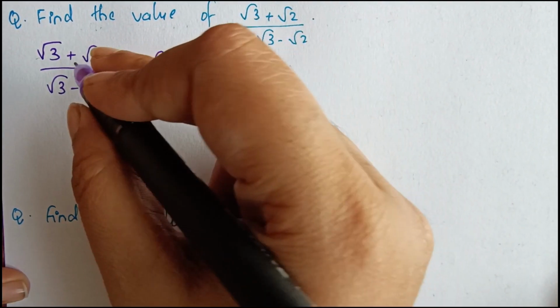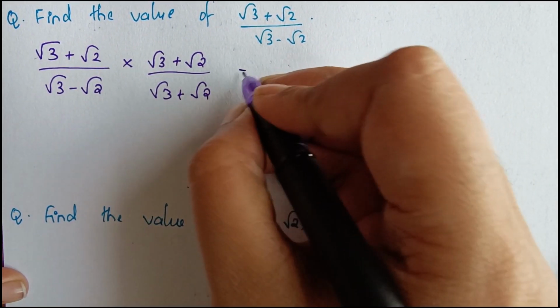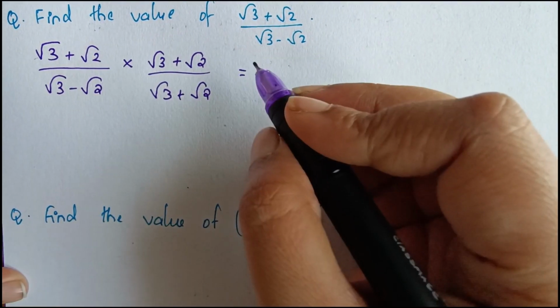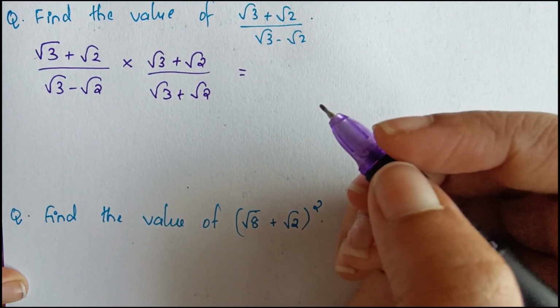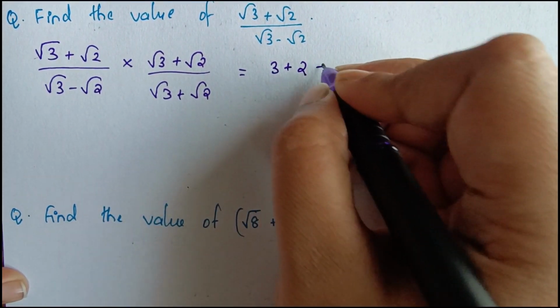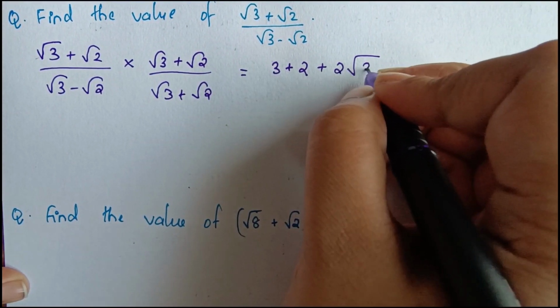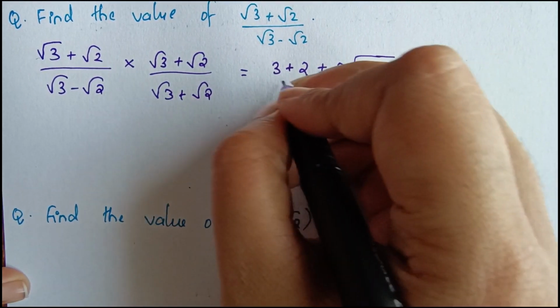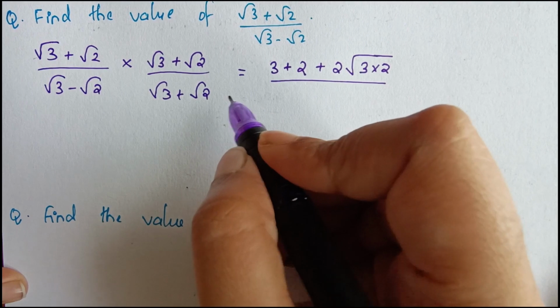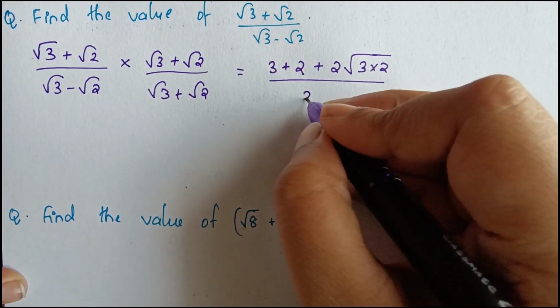So this is root a plus root b into root a plus root b, that is root a plus root b the whole square, which is equal to a plus b plus 2 root ab, divided by root of a minus root of b into root of a plus root of b, that is a minus b.